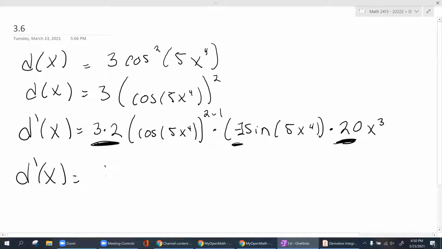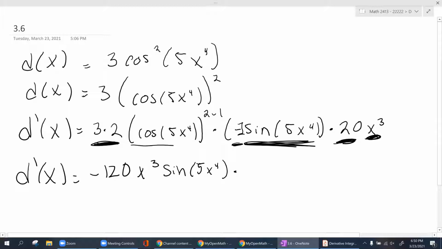Yes, negative 120. Then I bring in this x term, so this is going to be x cubed. And then let me bring this one in. This is sine of 5x to the fourth times, that's just to the power of 1, so that's fine, cosine 5x to the fourth.